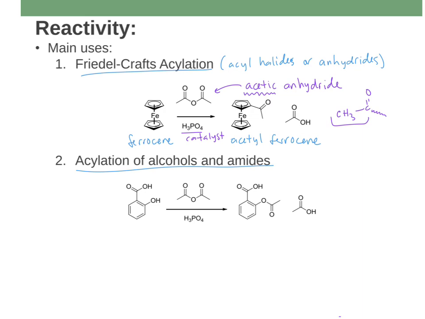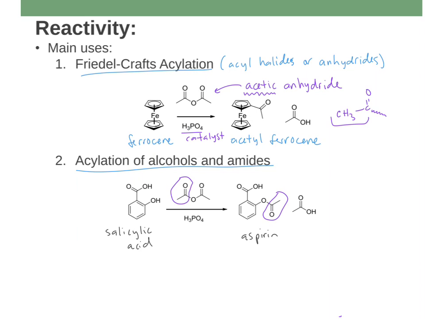So again, in this case, I use the same acetic anhydride. So I know I'm just going to take this piece and I'm putting it on the oxygen. That's all we're really doing here. So I've acylated it. This is an example of taking salicylic acid and making aspirin, which is a really common organic chemistry lab.